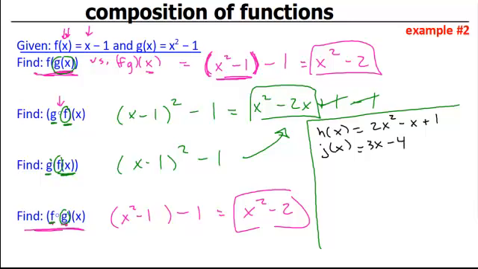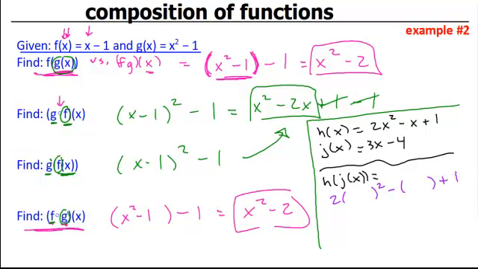Okay, so let's say these are my two functions here. If I wanted to take h of j of x, and this is probably the preferred method, this is the method I would normally use, but you need to recognize both. So the outer function is which one? It's the h function. So what we're going to do is take our h function, which is 2 times x squared minus x plus 1.